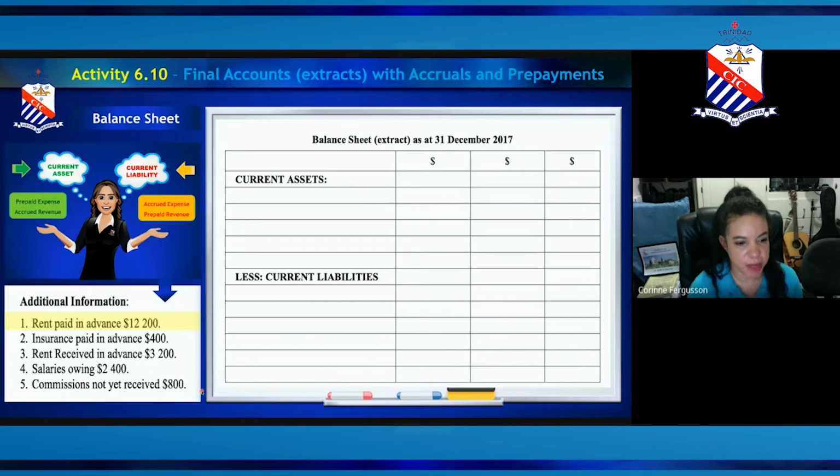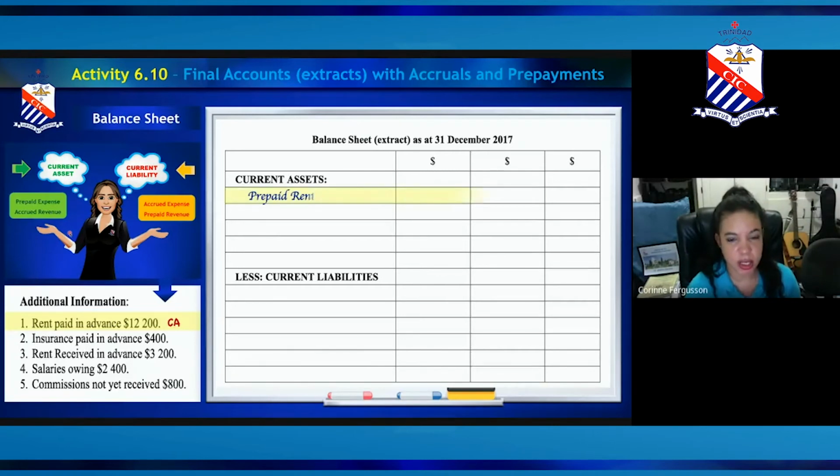So rent paid in advance. What is rent paid in advance? That is prepaid expense. What is a prepaid expense? So in the exam, you will have to have this memorized. You're not going to have it here in any book, or no cheating or all that, right? This is what is going to be in your brain. So once it's identified as a prepaid expense, prepaid expenses are current assets.